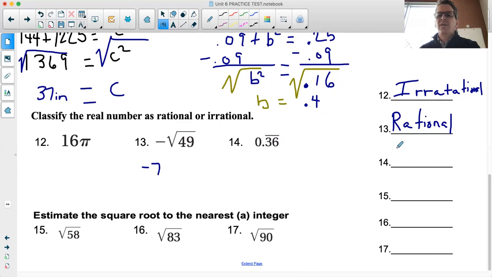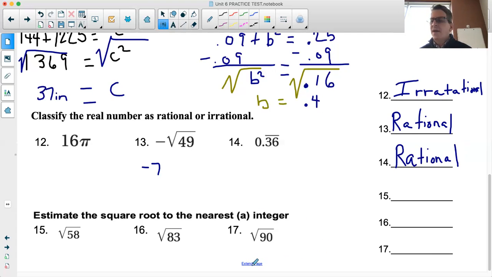So number 14 will be rational. Okay, and that's that section, classifying real numbers, rational or irrational.